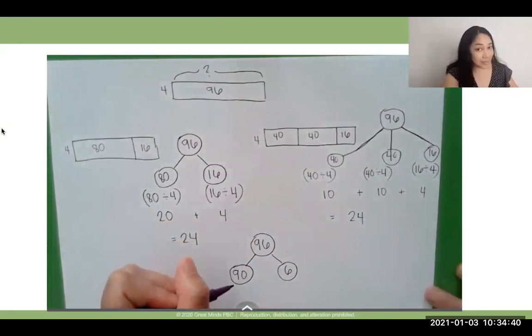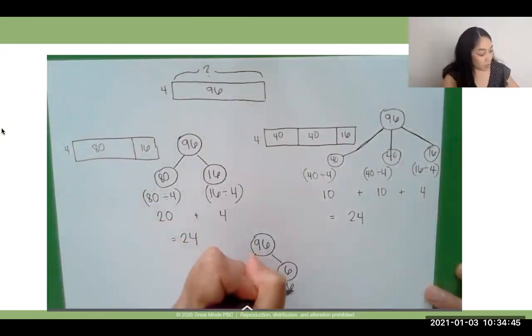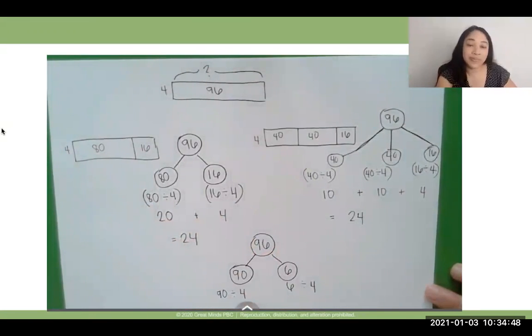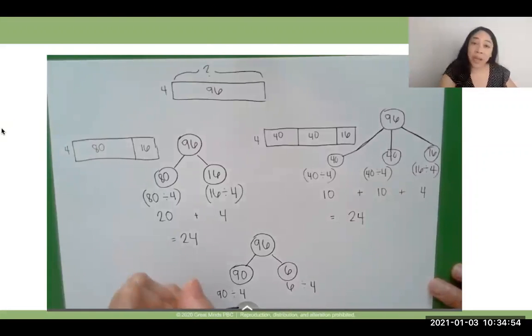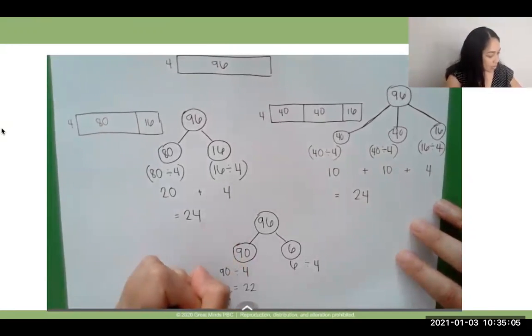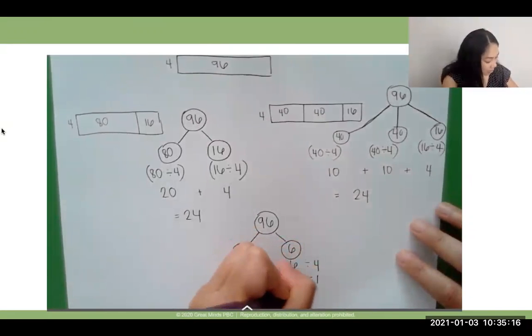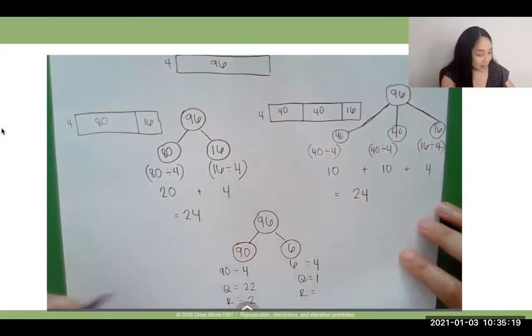Well, if we divided 9 tens by 4 and 6 ones divided by 4, we would end up getting a remainder with each one. 90 divided by 4 has a quotient of 22 and a remainder of 2. 6 divided by 4 has a quotient of 1 and a remainder of 2.